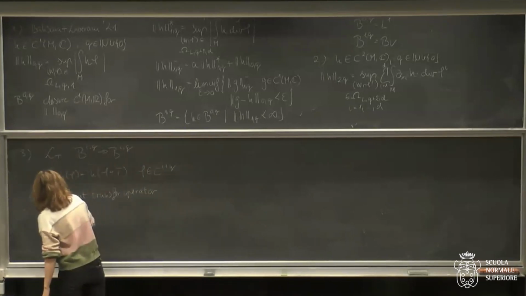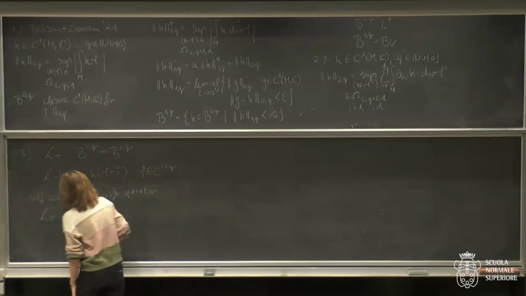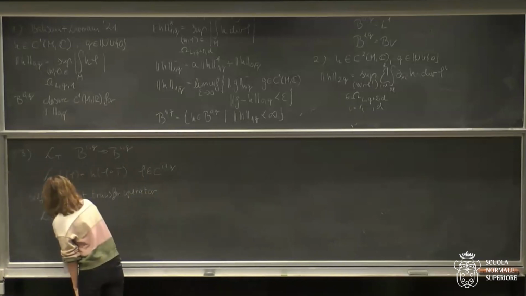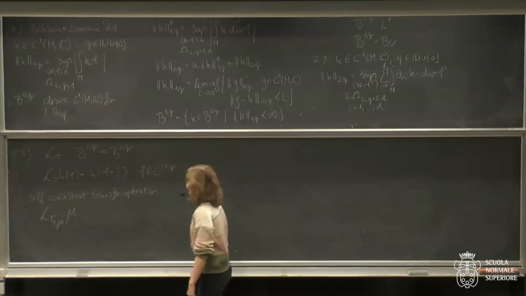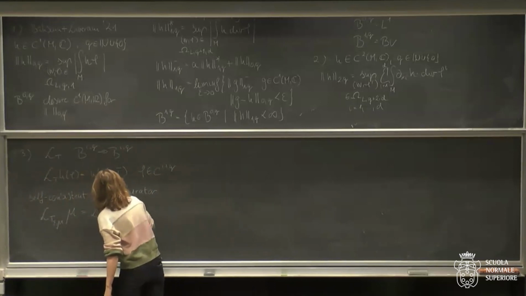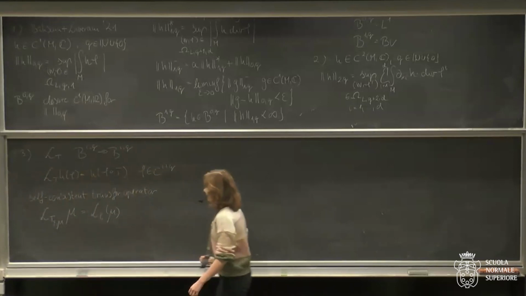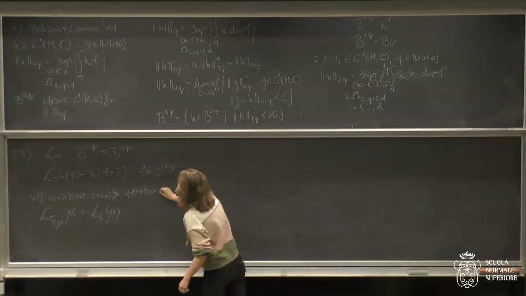So in this case, I want to apply the transfer operator associated to T epsilon mu to mu. And I will denote this as L epsilon mu. And this is what I call the self-consistent transfer operator.